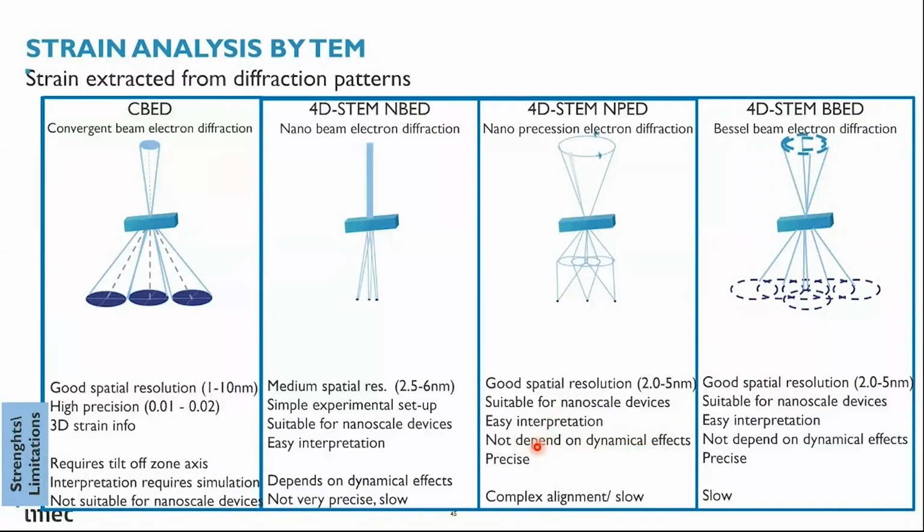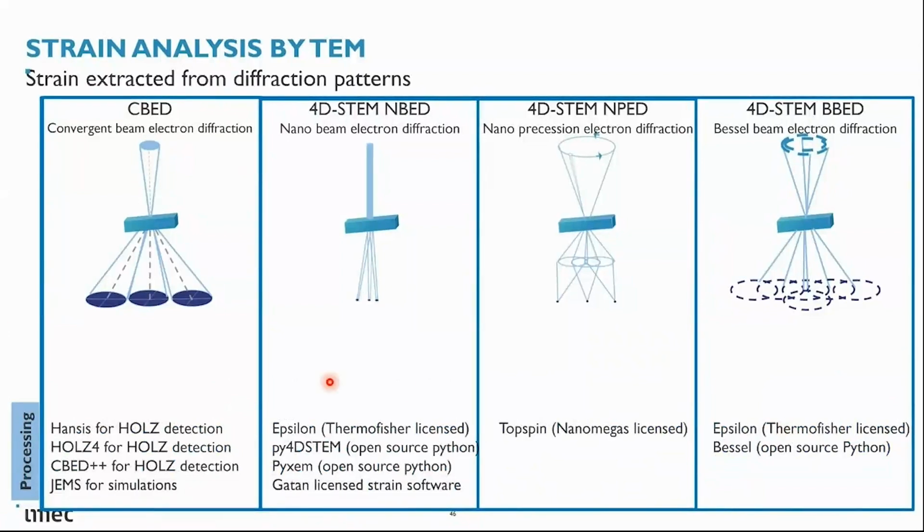The precession electron diffraction technique requires a more complex alignment than bezel. And all of them have processing solutions that you can find, licensed or not, open source, Python, etc.